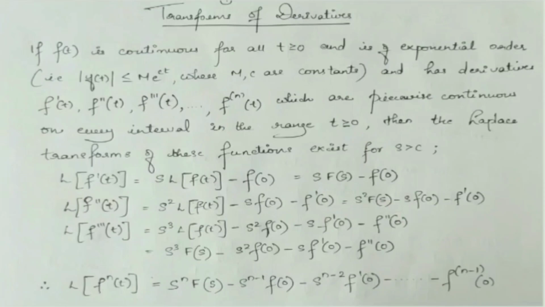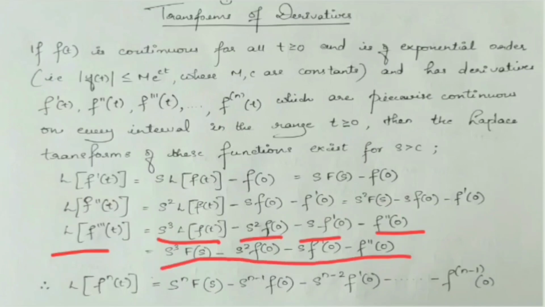Similarly, Laplace of f triple dash of t is equal to s cube Laplace of f of t minus s square f of 0 minus s f dash of 0 minus f double dash of 0, which is equal to s cube F of s minus s square f of 0 minus s f dash of 0 minus f double dash of 0.